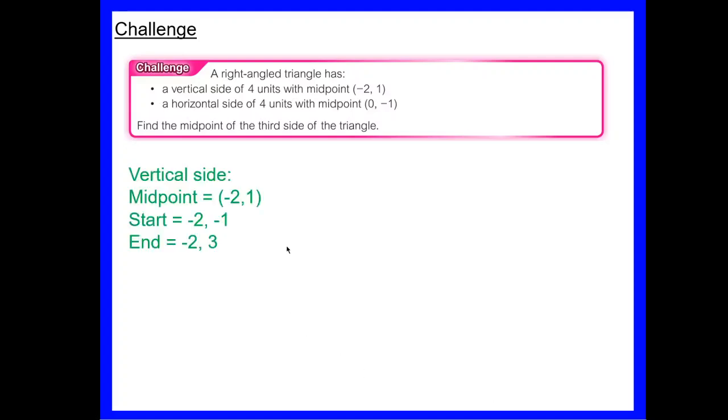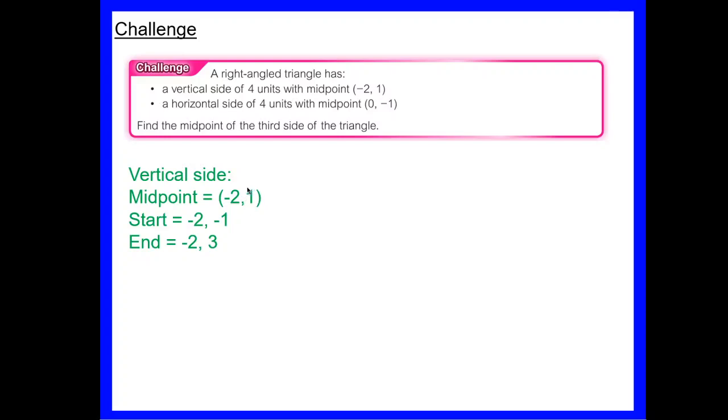Okay then, so for our vertical side then, we know the midpoint was at -2, 1, and we know it's 4 units long. Well, if it's 4 units long and that's the middle, we need to have 2 for our vertical side up and 2 down. So we need to take 2 from our vertical. Now remember, the vertical is the y.